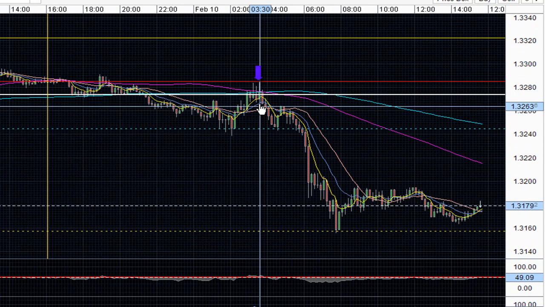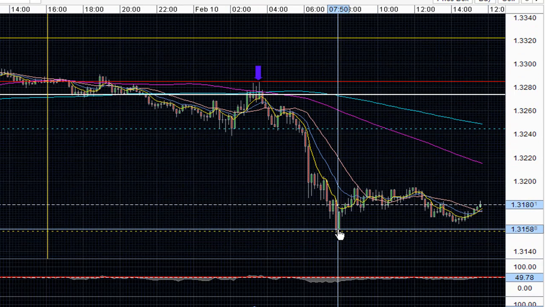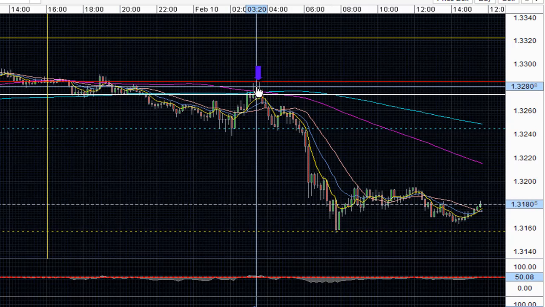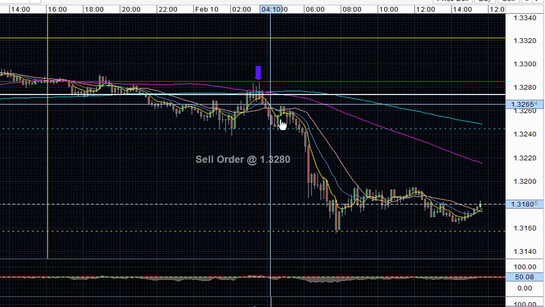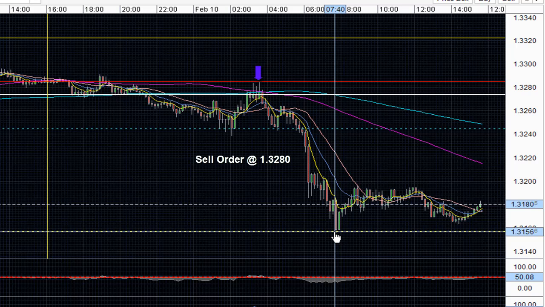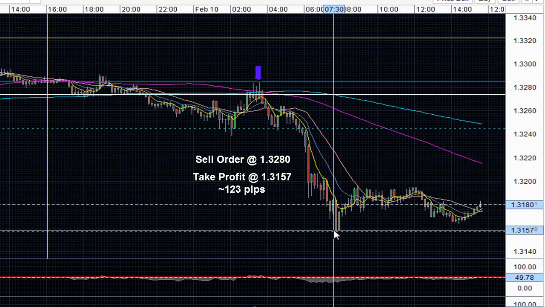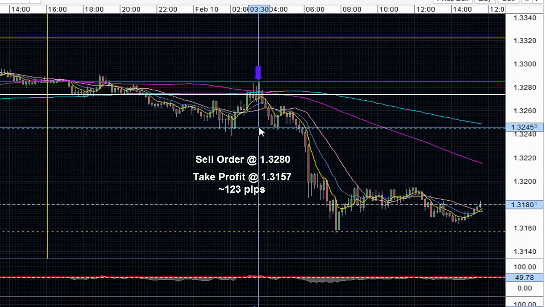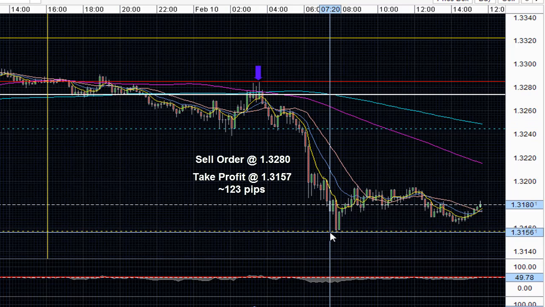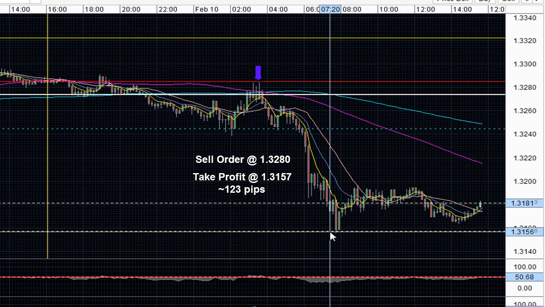So if you would have held that trade on from 1.3280 down to this support here at 1.3157, it would have turned into a 123 pip trade. That would have been a major gain if you would have held on to that particular trade.